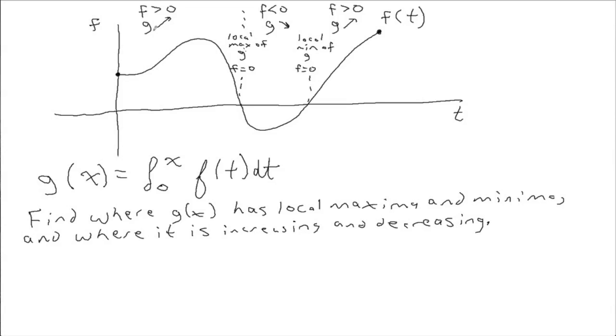These are the same types of graphs that we got when we were doing the derivative chapter one chapter ago. We saw that when derivatives are positive, the function is increasing. Where derivatives are negative, the function is decreasing. And where the derivative is 0, that's a candidate for local min and max. So this suggests that maybe f is the derivative of g. And that turns out to be the case.